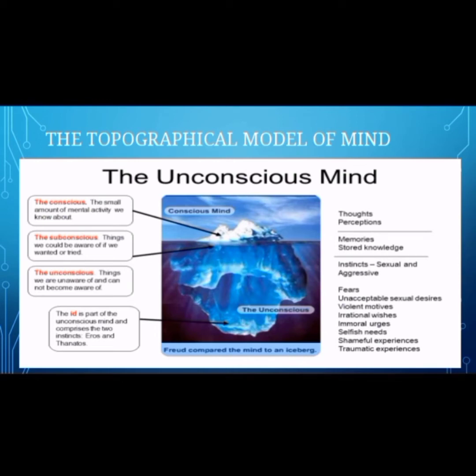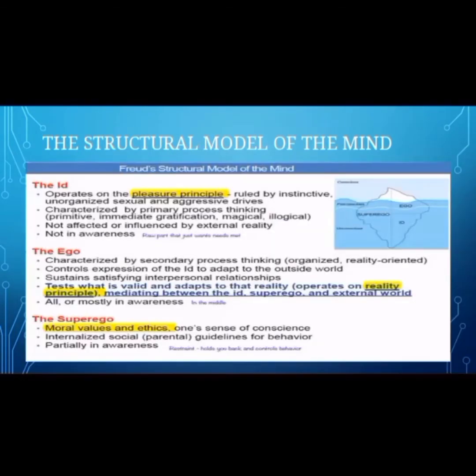The preconscious mind consists of what can be retrieved from memory. Next is the unconscious mind, which consists of primitive desires, wishes, or impulses, which is mediated by the preconscious mind. The next model of mind is the structural model.